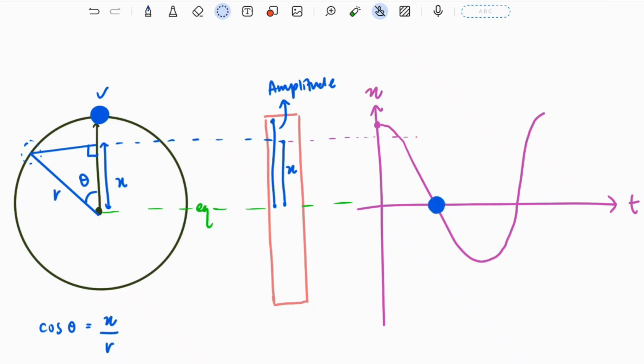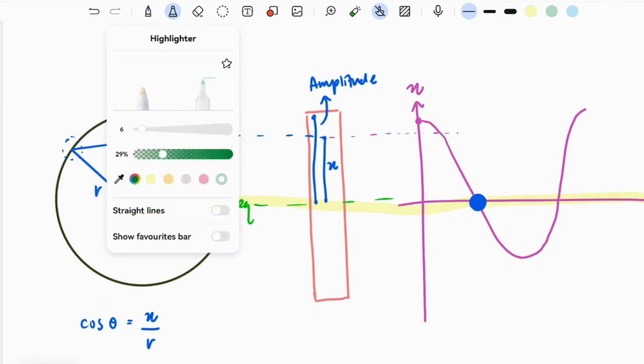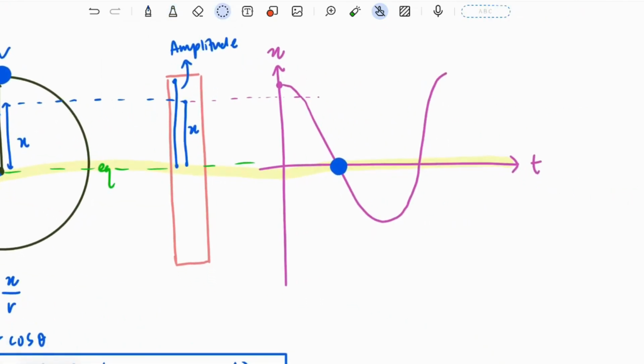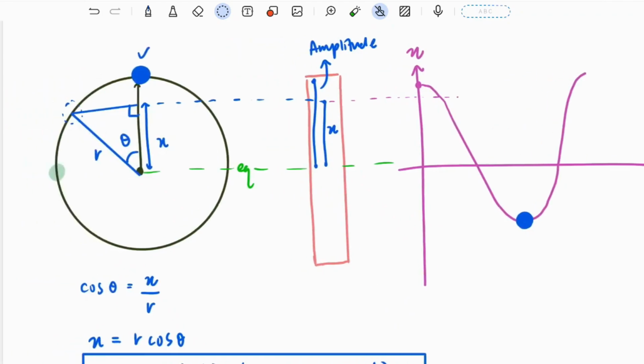This is actually your equilibrium, because remember, the green line here is your equilibrium. So that means the blue dot has reached this position. Then it goes all the way to the lowest point. Where is this lowest point? This lowest point is actually here.